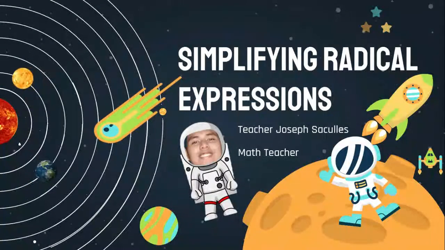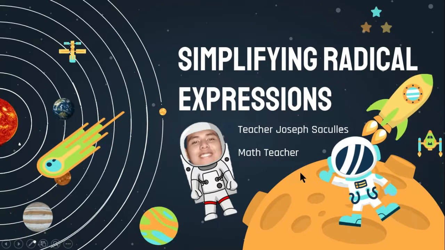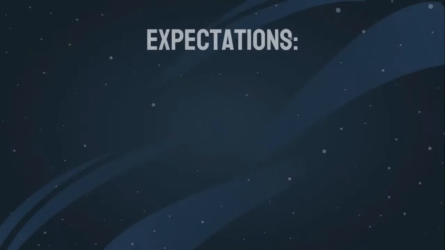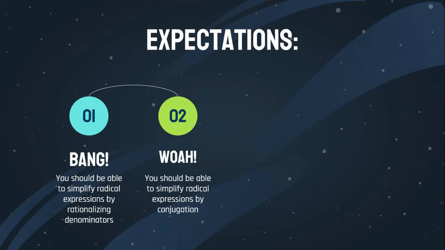Okay? So in our learning objectives, the following expectations: the first one is, bang! You should be able to simplify radical expressions by rationalizing denominators. The second objective, wow!